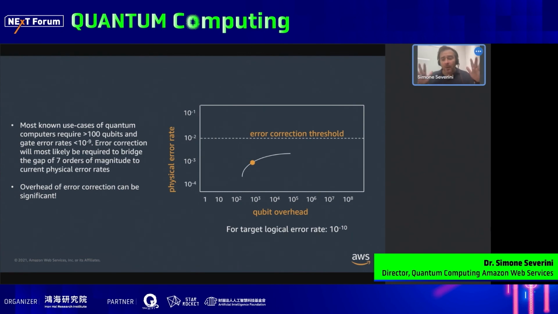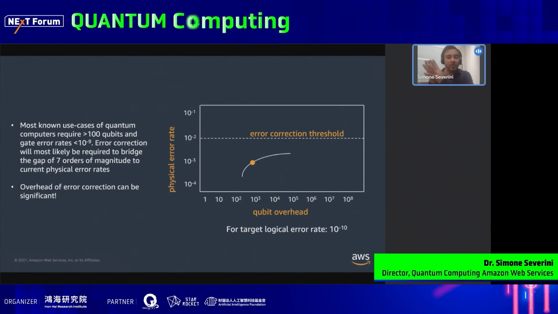You see, when you build a quantum computer it is subject to noise. Qubits are subject to noise, and you want to make sure that qubits are protected from noise. To do that, you need to encode information in what are called logical qubits.